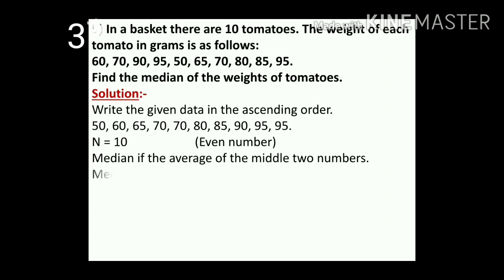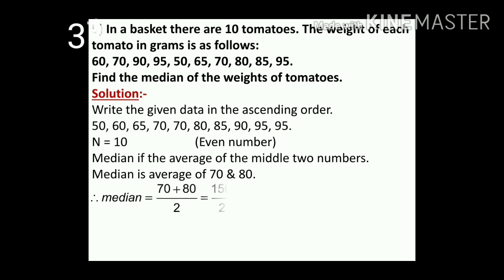Median is the average of the middle two numbers. Median is the average of 70 and 80. Therefore median equal to 70 plus 80 divided by 2 equal to 150 upon 2 equal to 75.